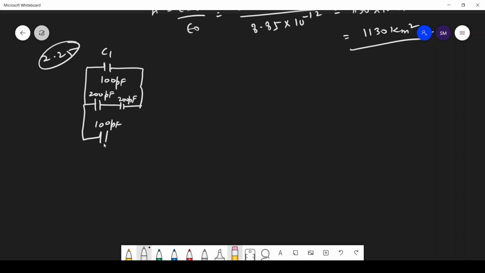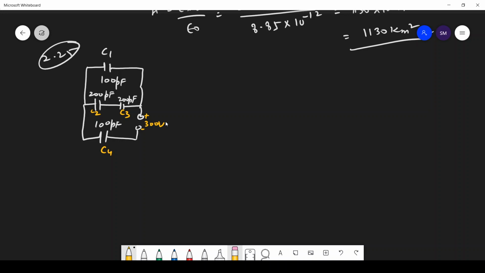So this is capacitor C2, this capacitor C3, this capacitor C4, and voltage applied to it is 300 volt.